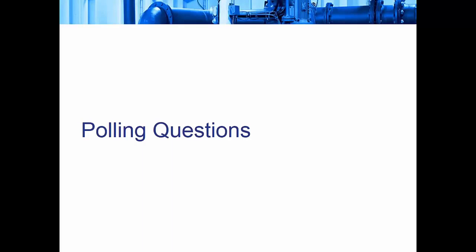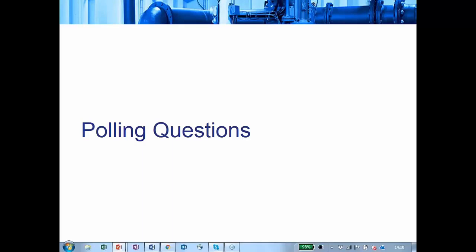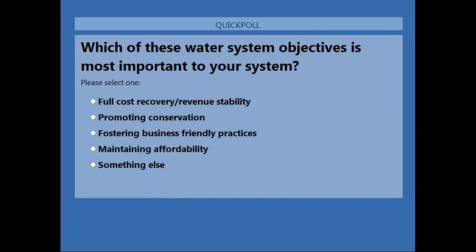Okay, now let's ask another question. The second polling question is: which of these water system objectives is most important to your system? Please select from one of the following: full cost recovery or revenue stability, promoting conservation, fostering business-friendly practices, maintaining affordability, or something else.